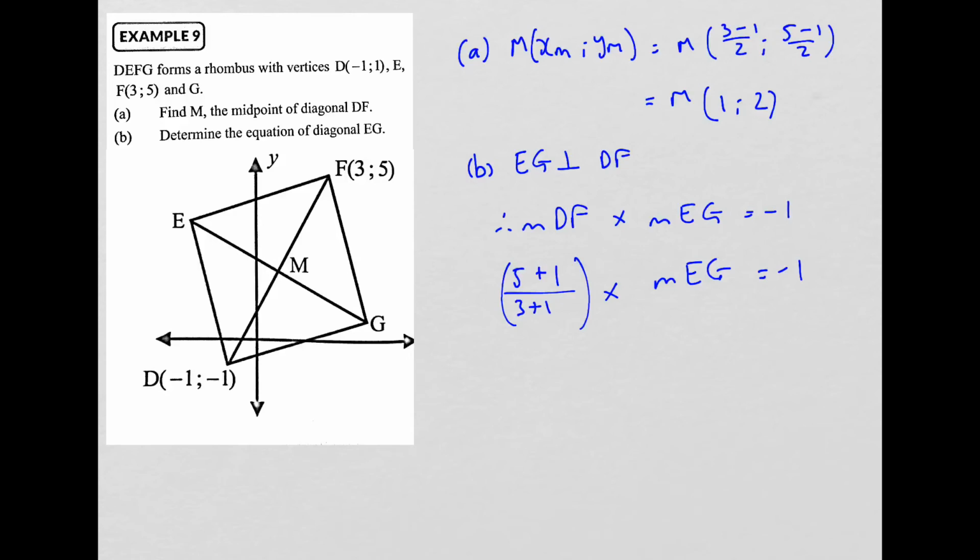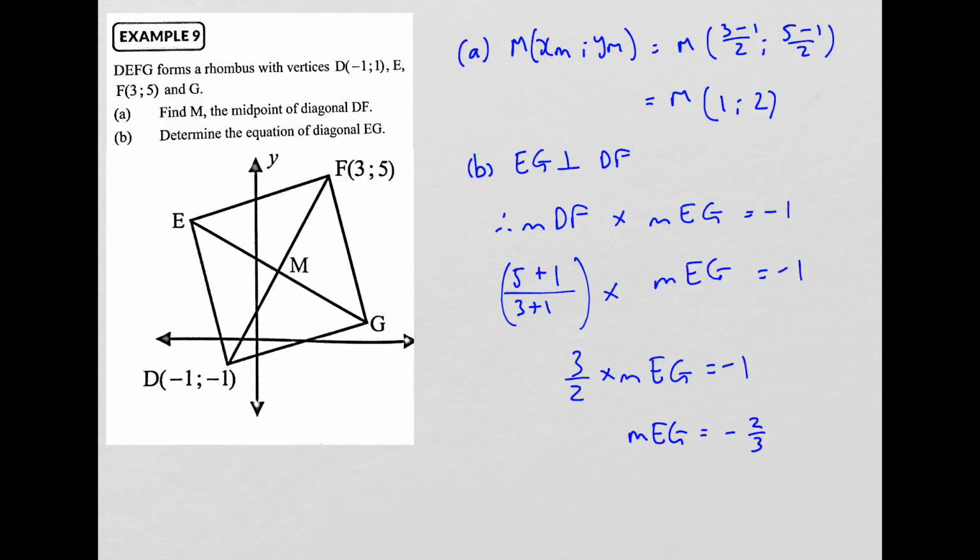So the gradient of DF is 6 over 4, which is the same as 3 over 2. Now we just need to divide both sides by 3/2, so the gradient of EG is equal to -2/3. That's dividing -1 by 3 over 2, which gives us -2/3.